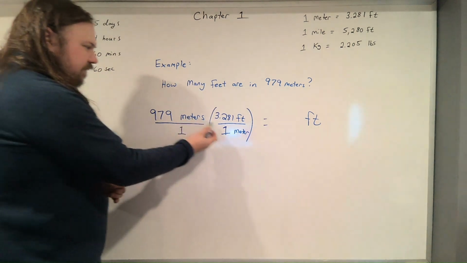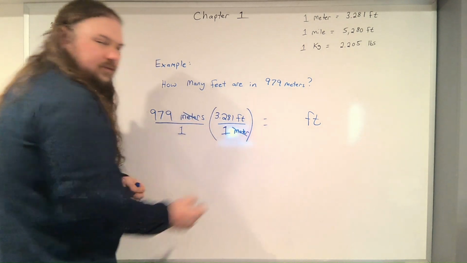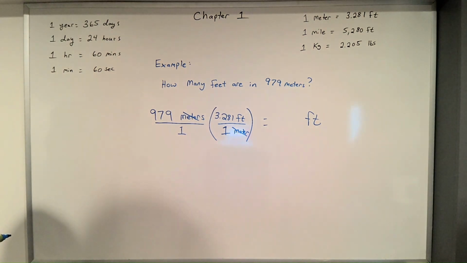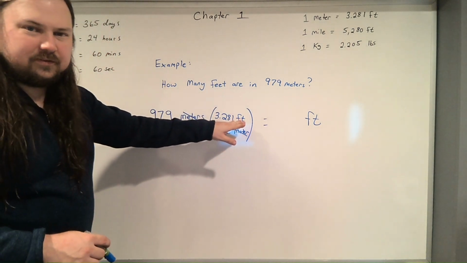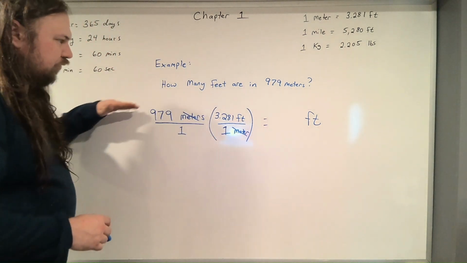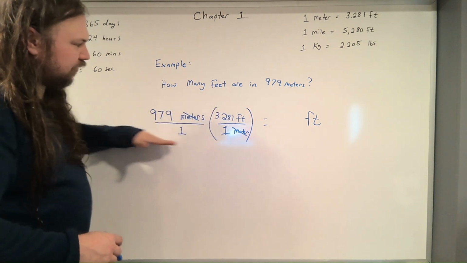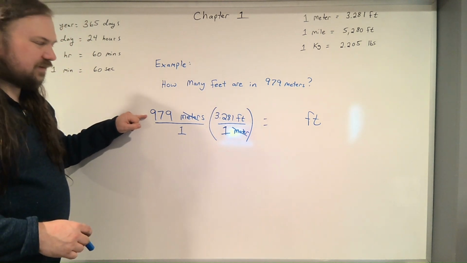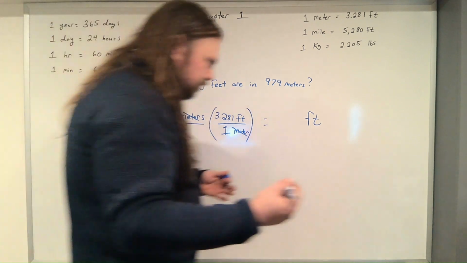Now I've got meters divided by meters. This will cancel out the units. Meters over meters will cancel out all on its own. And now the only units that are left in this are feet. So I'm going to go ahead and multiply across. I'm going to multiply the numerators, and then I'm going to multiply the denominators. And what do I get? I get 979 multiplied by 3.281.